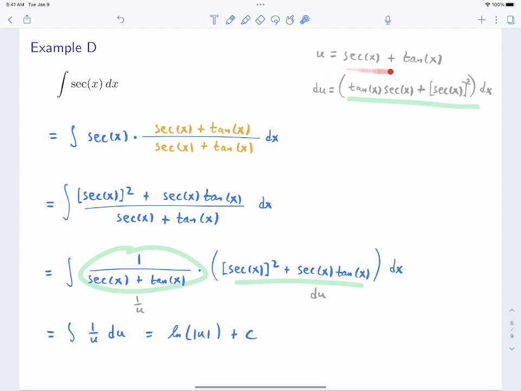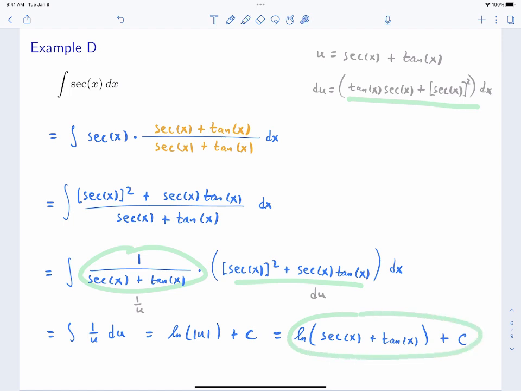But what is u? u is all of this stuff, secant x plus tangent x. So we just plug that in right there, and we're going to end up with ln of secant x plus tangent x, and then, of course, plus a constant of integration. Like so. And there's our answer.